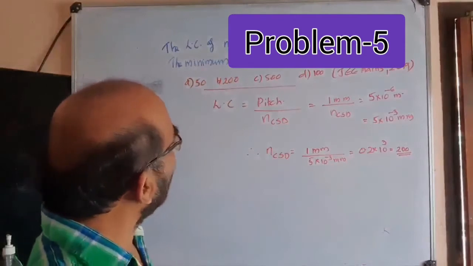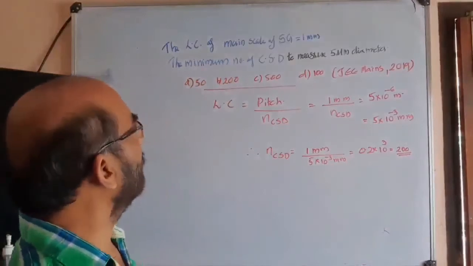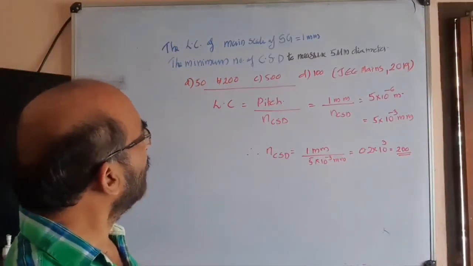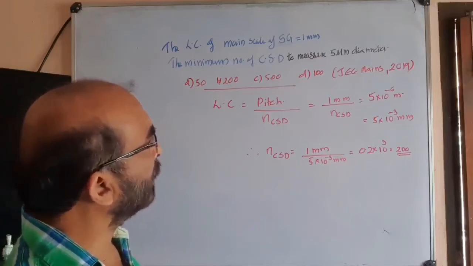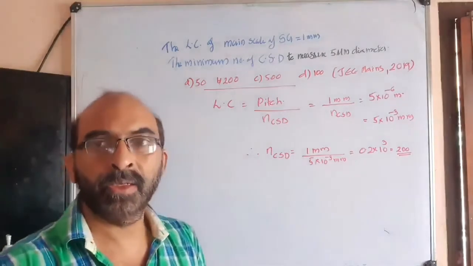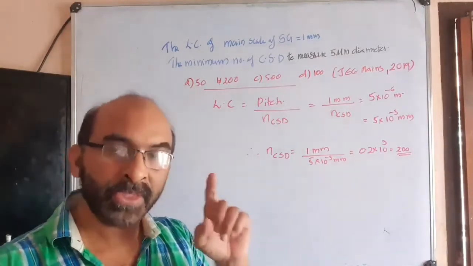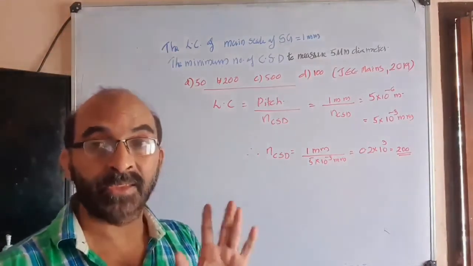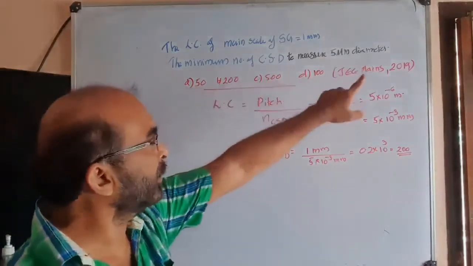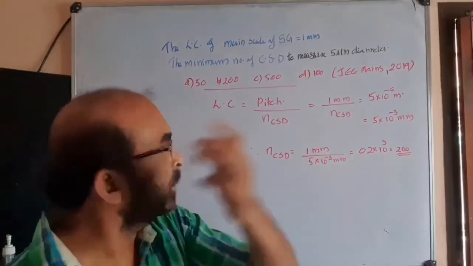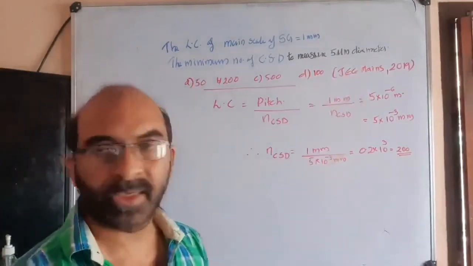The least count of the main scale of a screw gauge is 1 millimeter. Find the minimum number of circular scale divisions needed to measure a 5 micrometer diameter. Here the number of circular scale divisions is asked. Simple problem, a question from 2019 JEE Main.